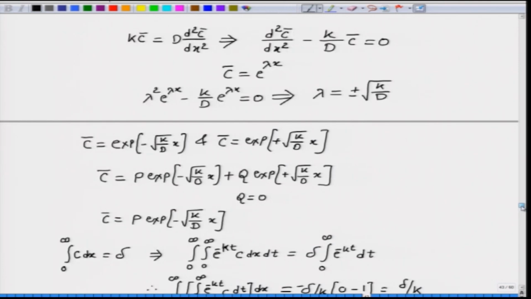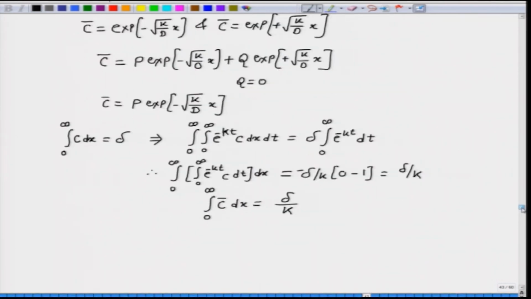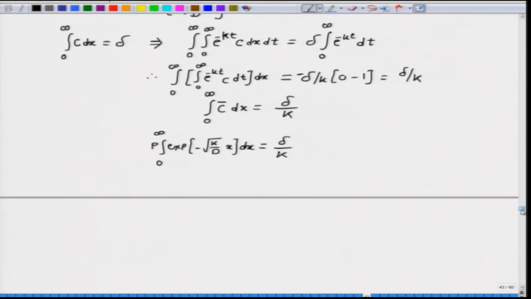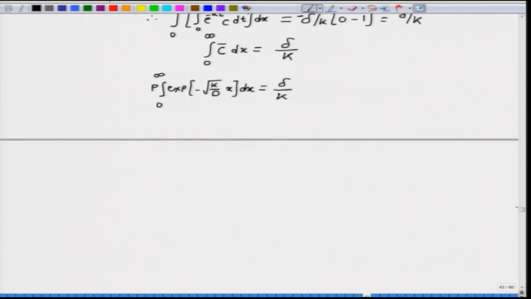Now, we know the equation for c bar. So, we substitute for c bar from here. So, integral 0 to infinity, p is a constant, let us take it outside, exponential minus root k by d x dx is equal to delta by k, and integral of exponential minus root k by d x will be minus root d by k exponential minus root k by d x.